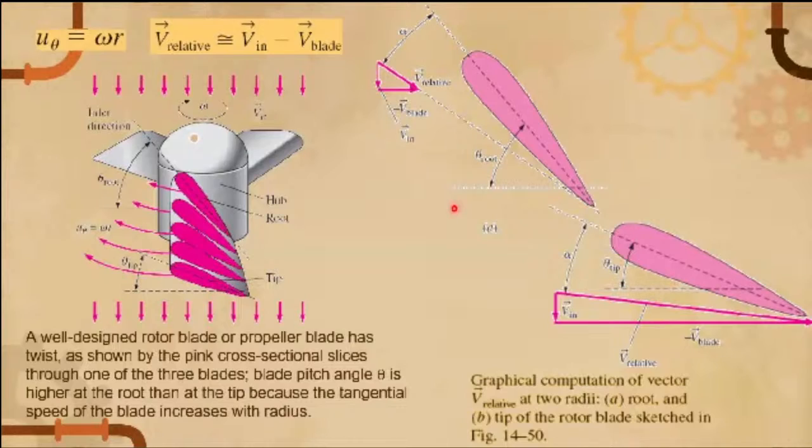Let me repeat. A bigger angle will give you a bigger pressure, or if you're referring to lift, a higher lift. But that depends on your speed. When you have the same speed, a bigger angle will give you a bigger pressure, a higher lift or a higher drag.